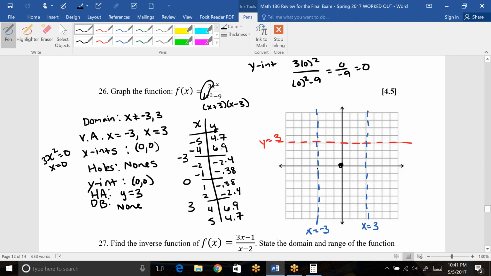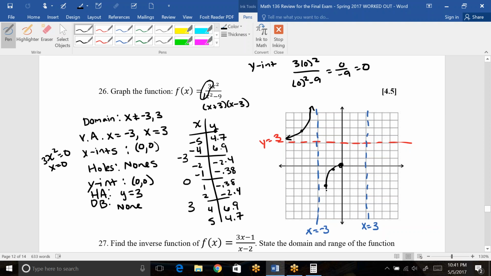So let's plot these. -5 is at 4.7. -4 is at 6.9. So it looks like this is on this top half of the graph. -2 is at -2.4. -1 is at -0.38.